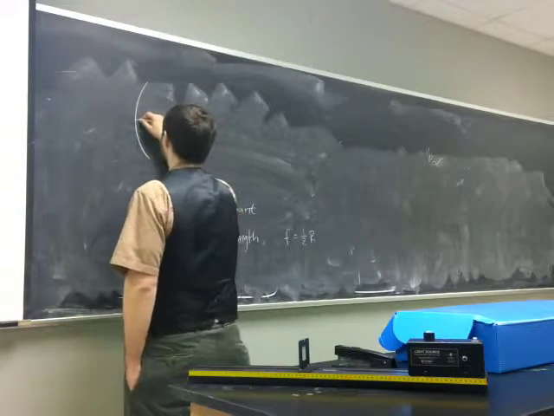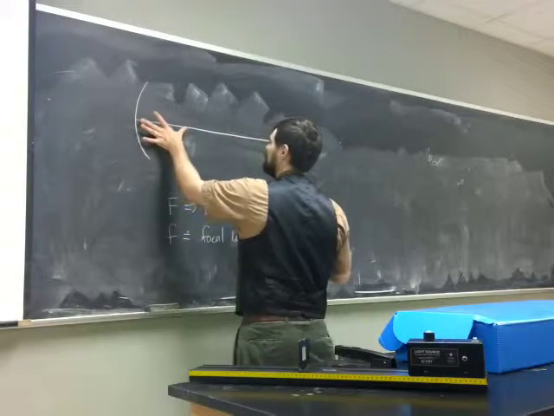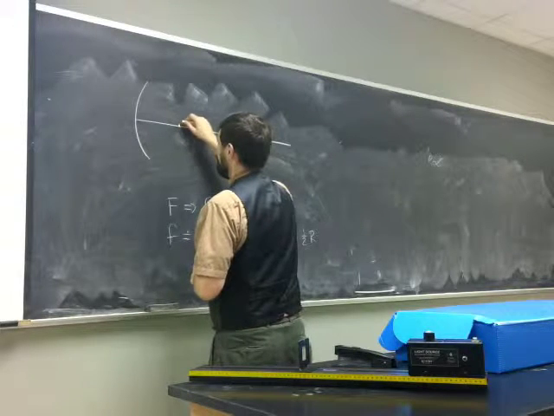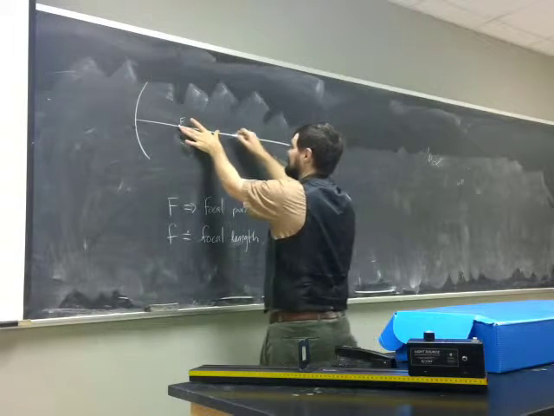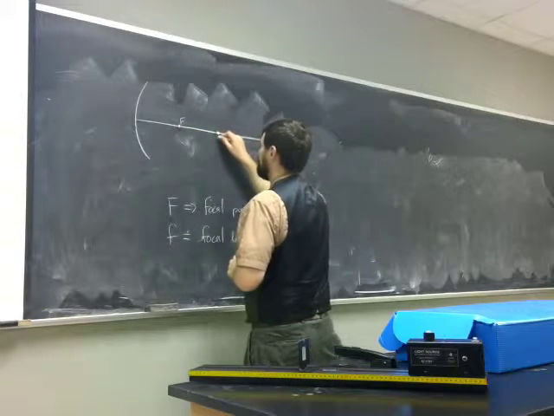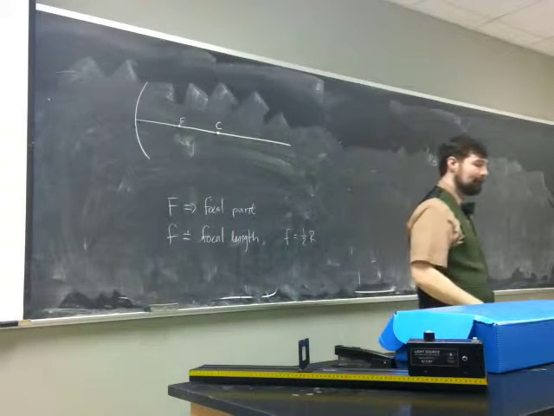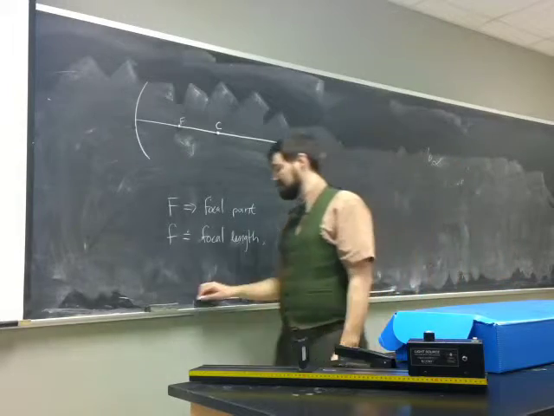Here's the mirror once again. Here's our principal axis. We'll make our focal point be here. We'll make our center point be here. So how do we get an image formed by this mirror?